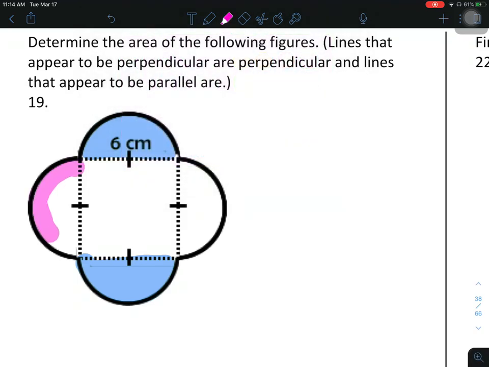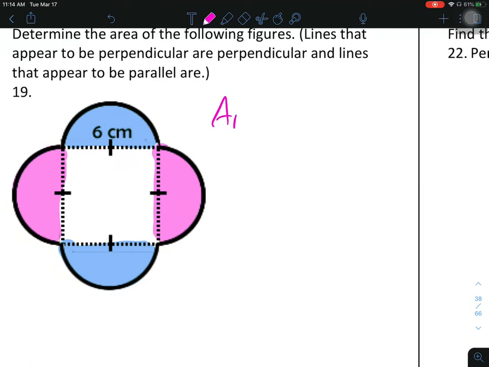If I took this semicircle and paired it with this semicircle, I'd find myself with a complete circle. Those two circles are the same size because they have the same diameters. So to find the area of this figure, I'm going to take the area of this rectangle and add it to 2 times the area of one of these circles, because they're the same.